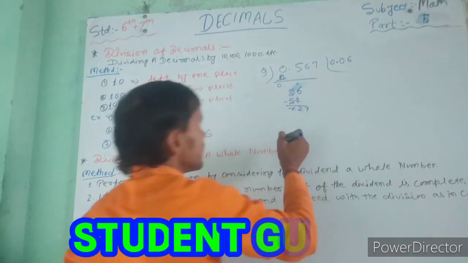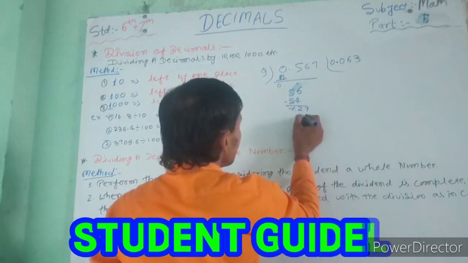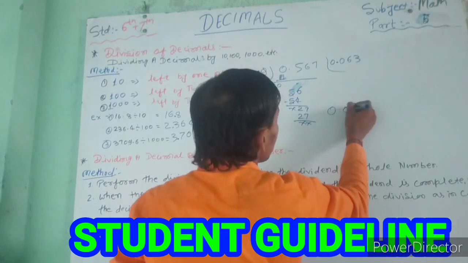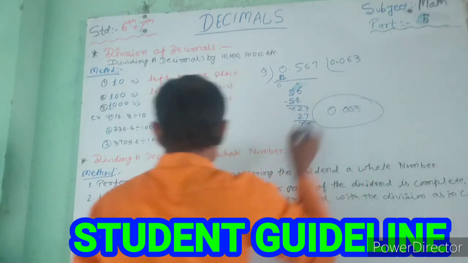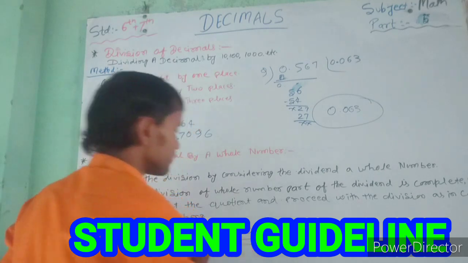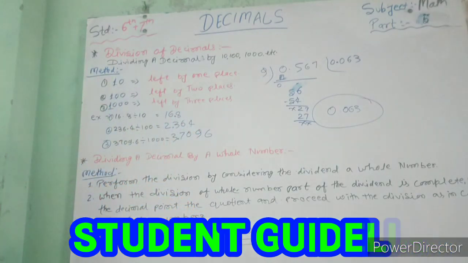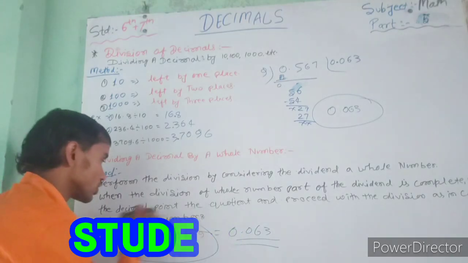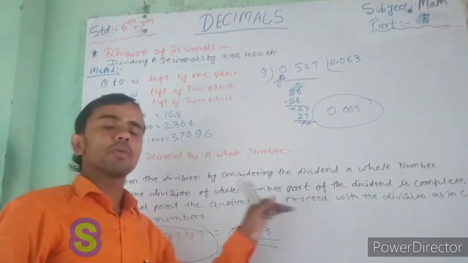Next, 7 is left, giving 27. 9 threes are 27. That's your answer. It means your answer is 0.063. If you have any question where you divide by a number, first you divide by that number.